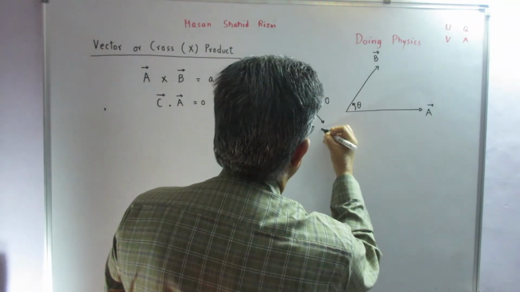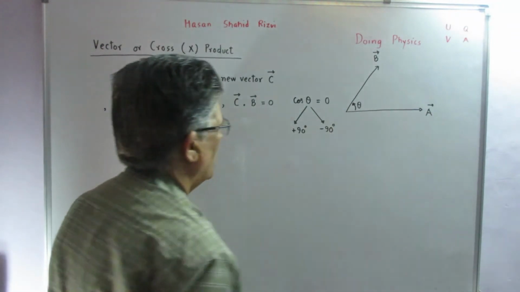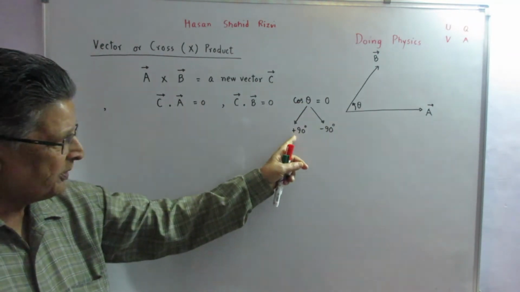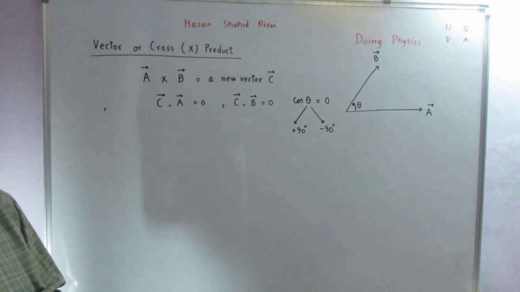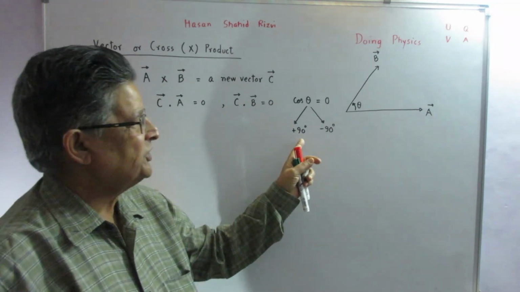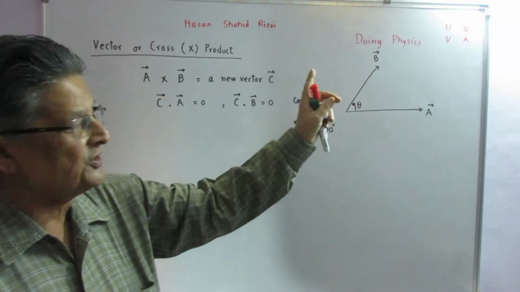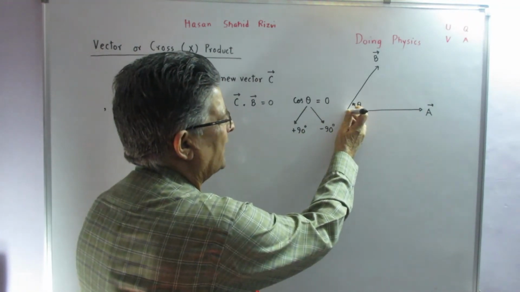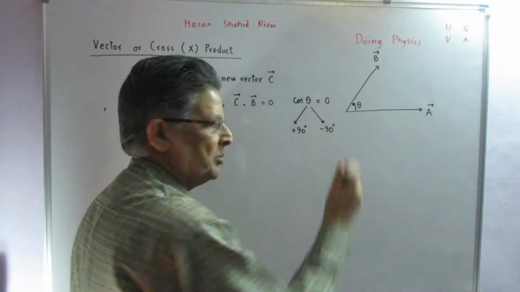Both are feasible, because cos of minus theta is equal to cos of theta. So theta turns out to be 90 degrees. And as I told you before, the new thing is a line which is perpendicular to both a and b existing in the same plane. And we found that the line could be out of the board or into the board.